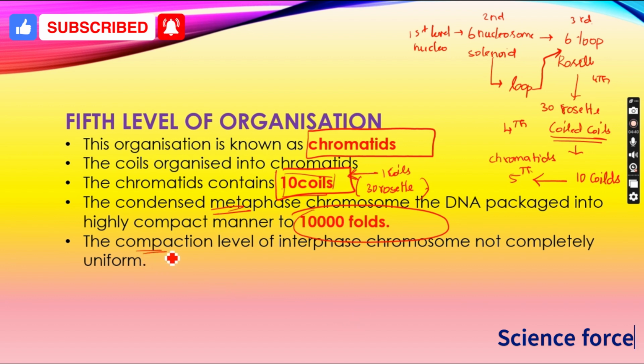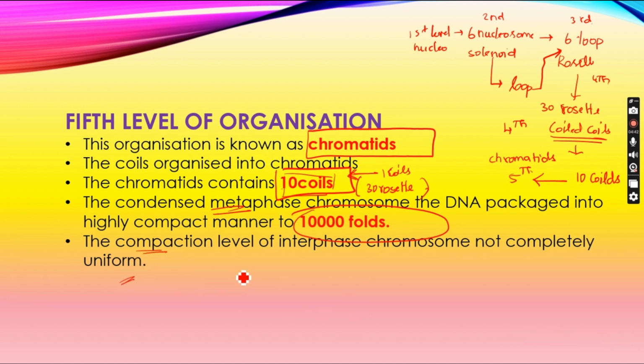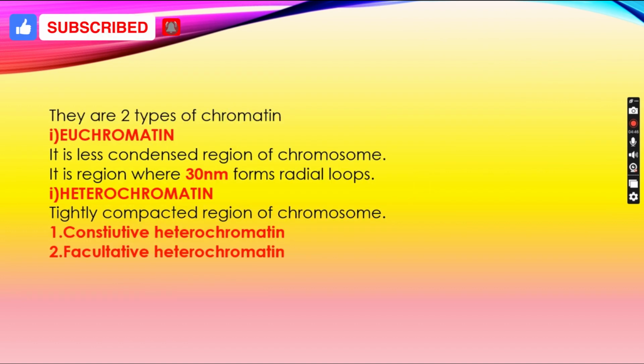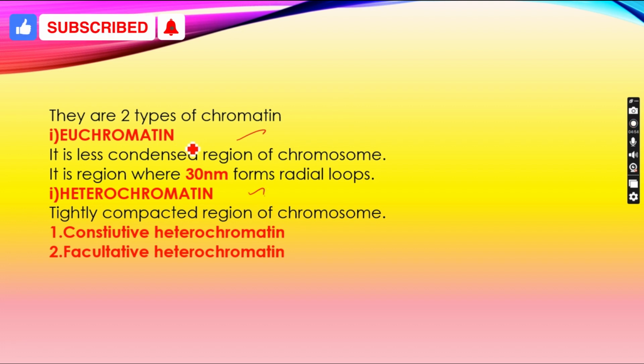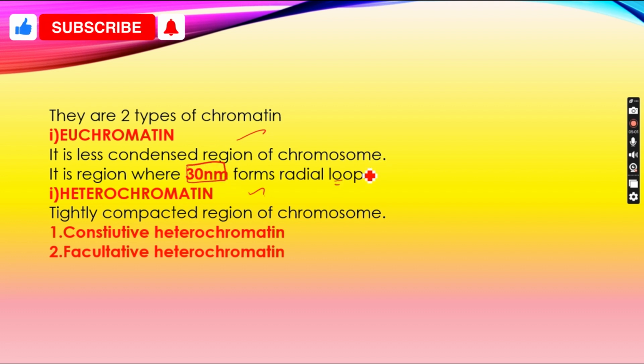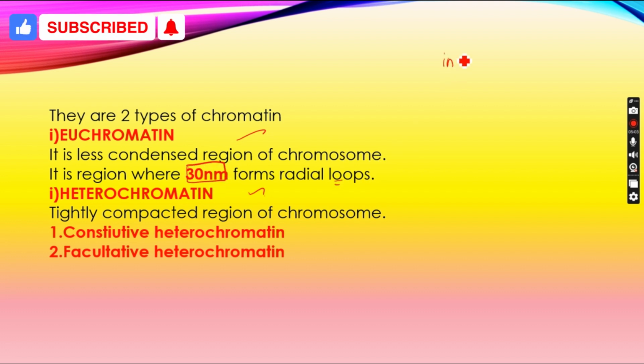But the compaction level is not uniform. A chromatid can be in two forms, euchromatin or heterochromatin. Euchromatin means it is going to have radial loops as 30 nanometer loops. As we said, in the interphase there are no uniform loops.